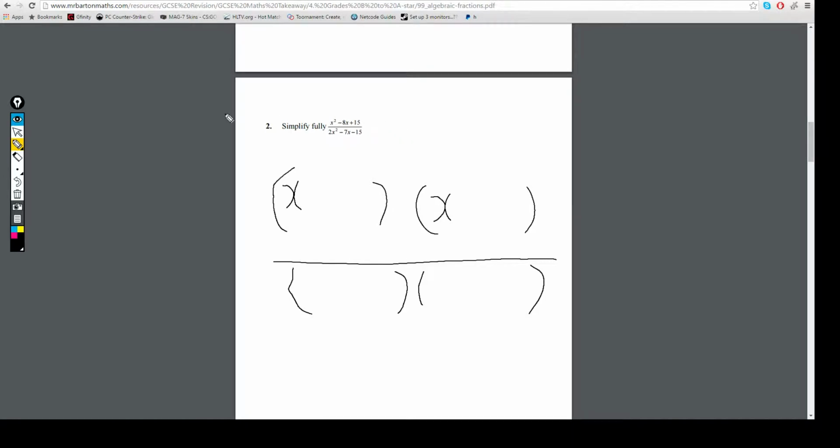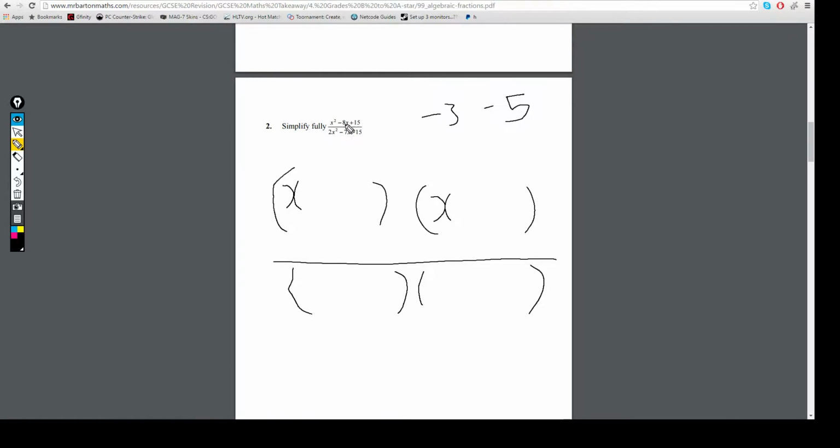We're going to find something which goes into 15 and 8. So 5 times 3 equals 15, plus 15, and they're going to have to be minuses, because minus times minus equals a plus, as I just said.